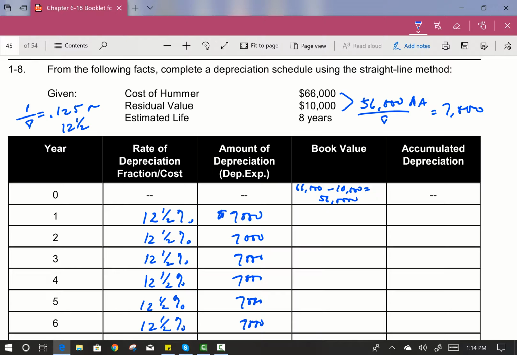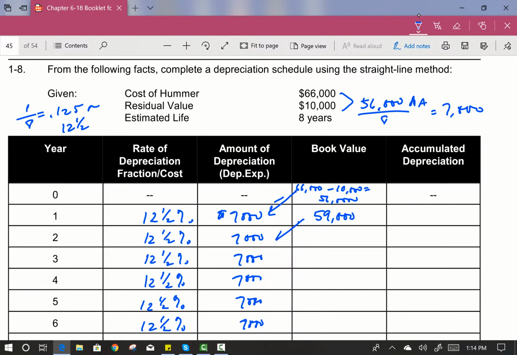Okay, what I'm going to do is take the book value, the original cost of the asset, and I'm going to subtract out $7,000. That's $66,000 minus $7,000. And that equals $59,000 for the book value at the end of the first year.